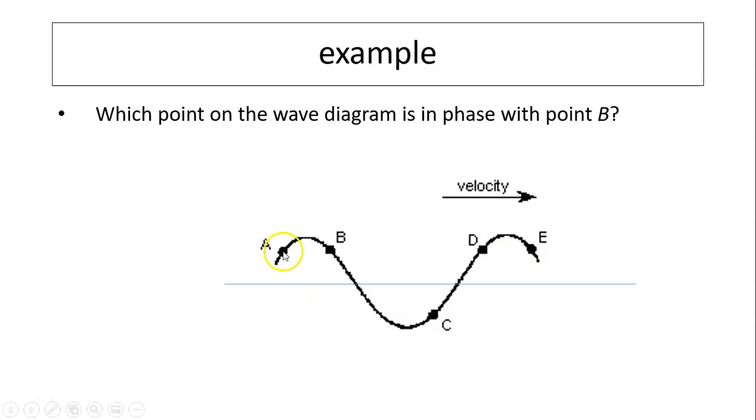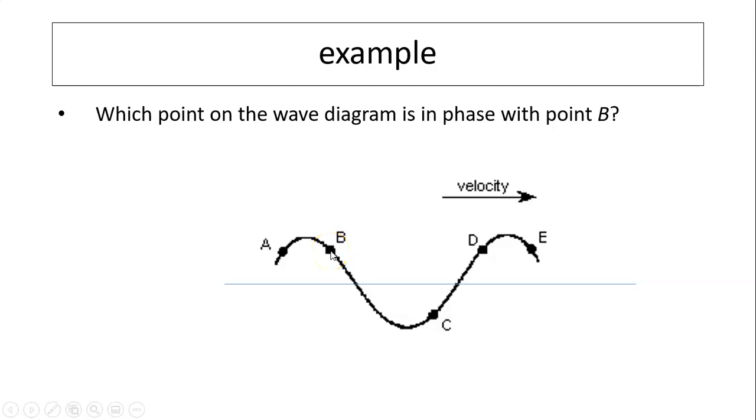A is moving downward. One way to determine which way a point is moving is you look behind it. The wave is going to the right, so to the left is behind it. To the left of A is lower than A, that's what A is going to do next. So A is going to move downward.